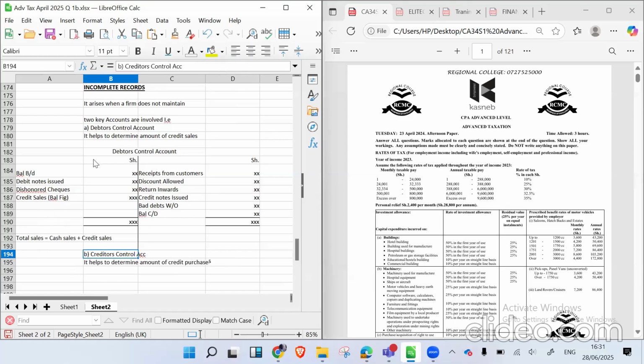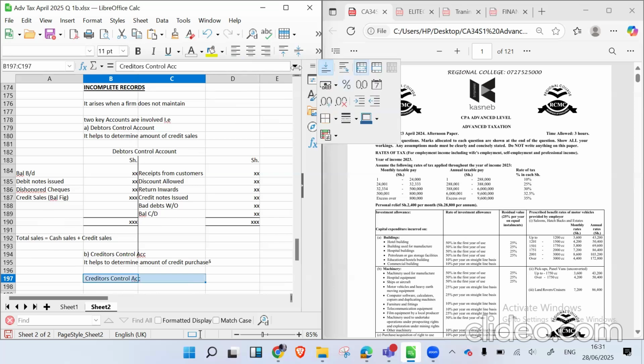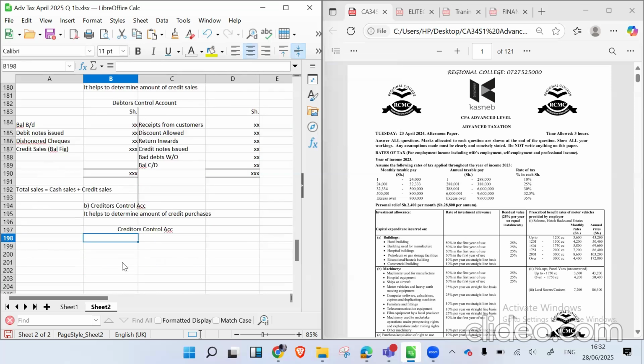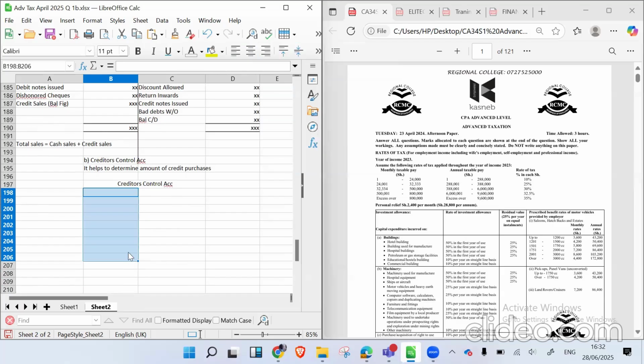So let's prepare the account again, the creditors control account.